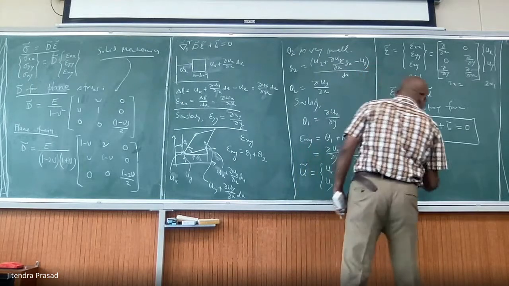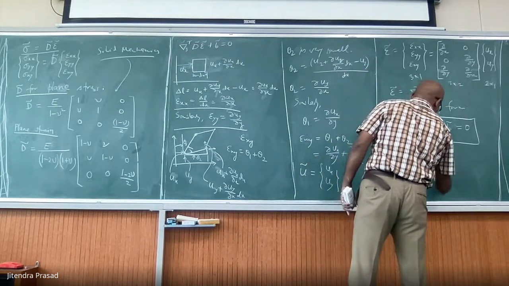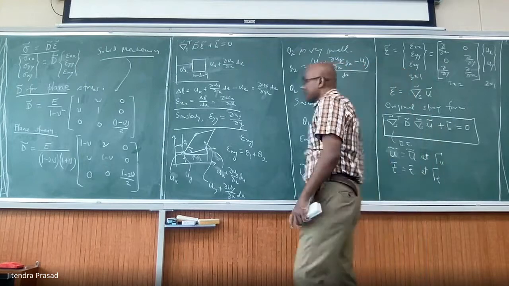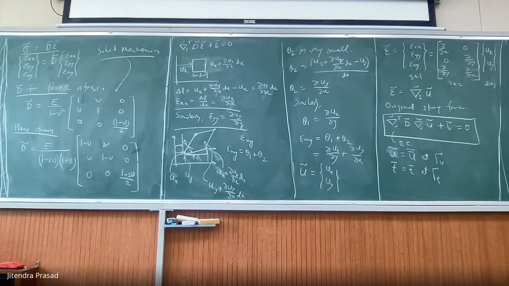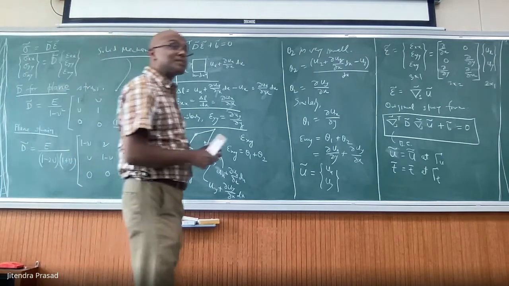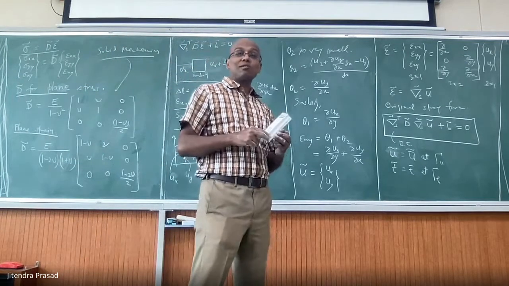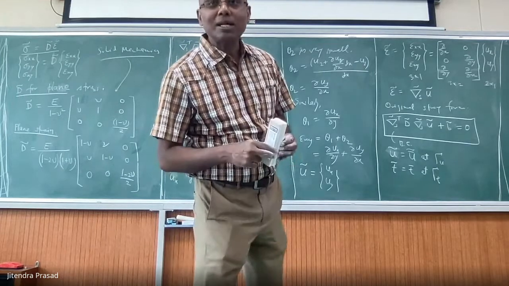Again the definition remains the same at gamma t. The definition of t tilde we have defined already, so we conform to the same. This is the whole story as far as the strong form is concerned.